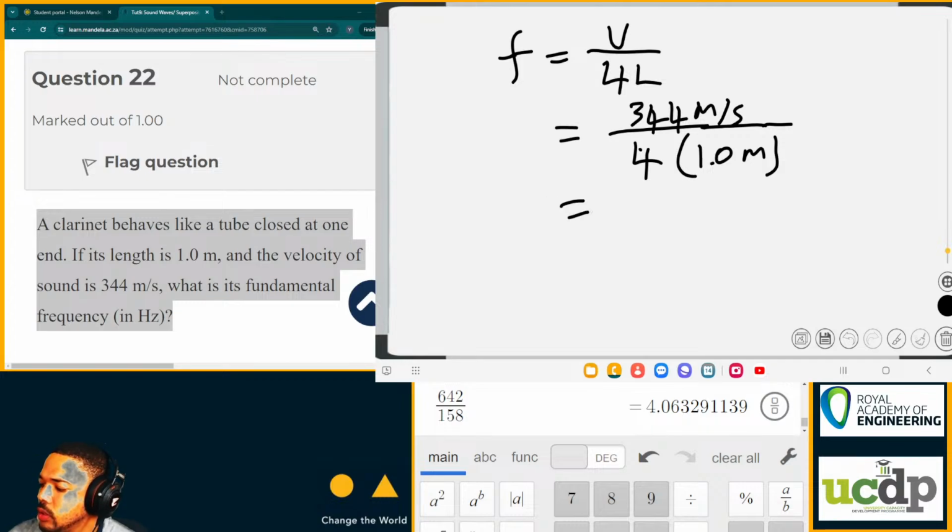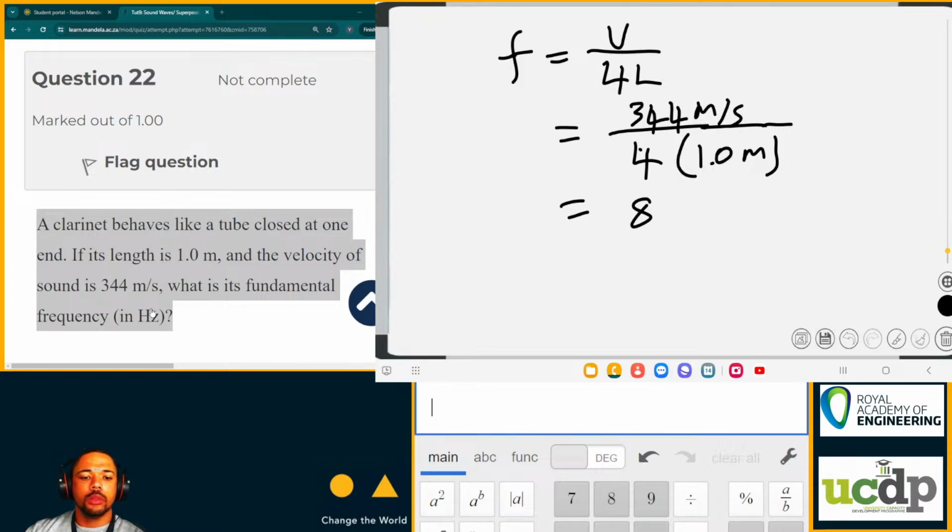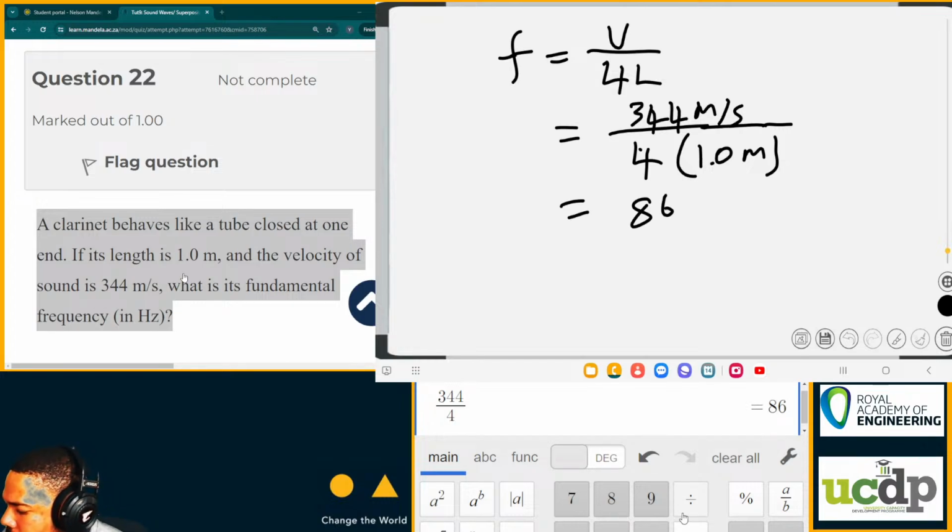This gives us 344 divided by 4 meters. The meters will cancel, leaving us with per second, which is also a nice way of saying hertz. Now 344, let me show you on my calculator, divided by 4 equals 86, and it is in hertz or per second.